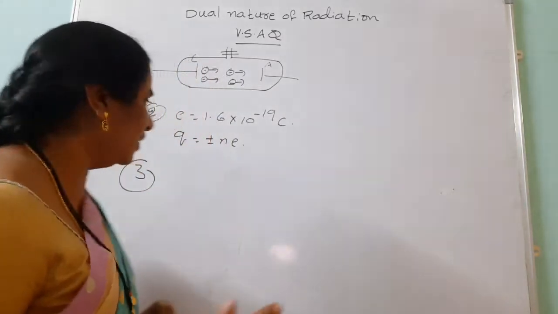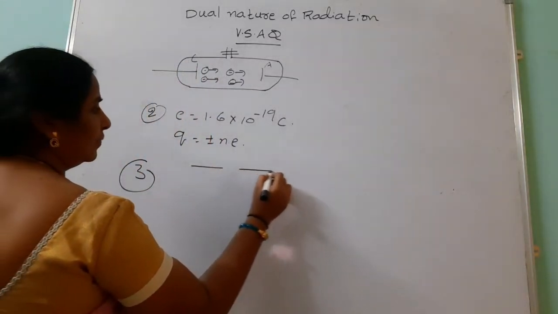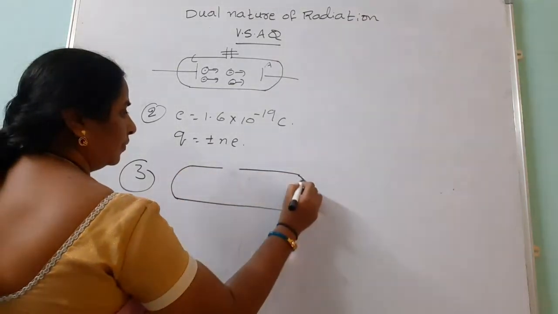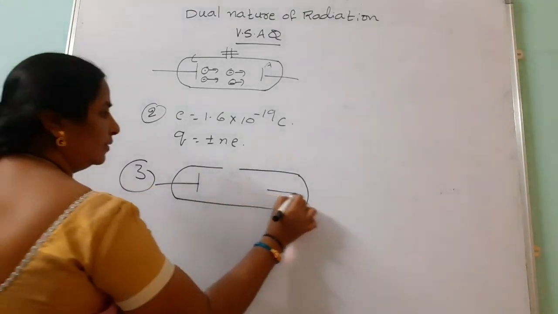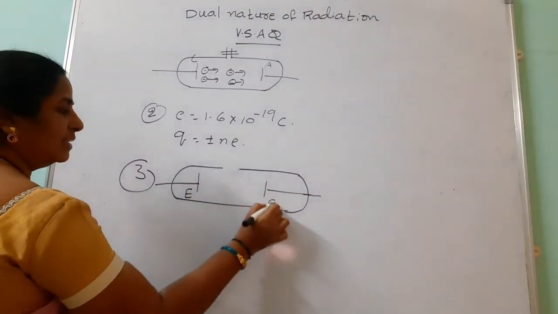The work function comes from the photoelectric effect. Here also we take one tube with a provision of a window, and two devices, the emitter and the collector.